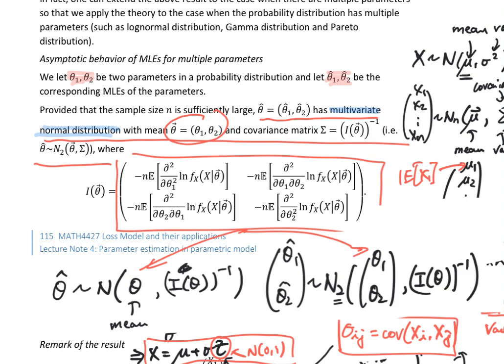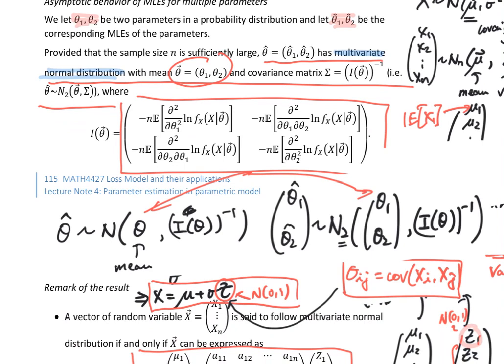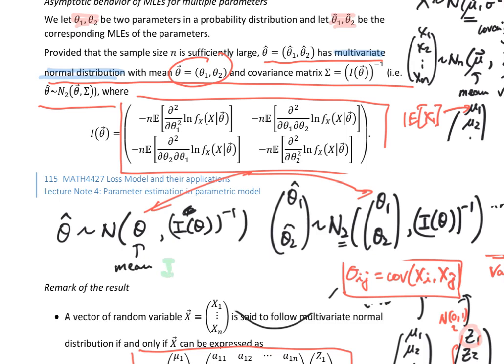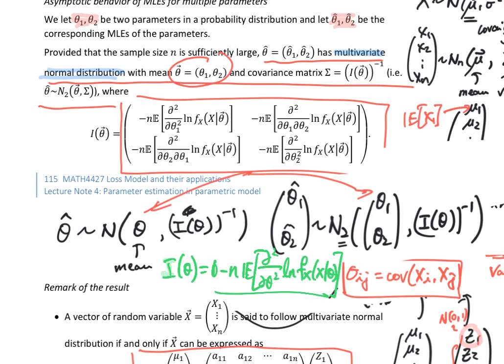Now for the single parameter case, remember I(theta) is equal to minus n times the expected value of the second derivative of the log of f.